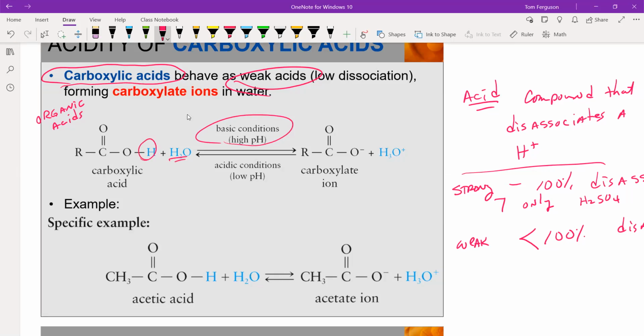It's going to form a hydronium ion, H3O+. In acidic conditions, if you're starting with the ion, it protonates. It puts the hydrogen on. So this would be acidic conditions, low pH.